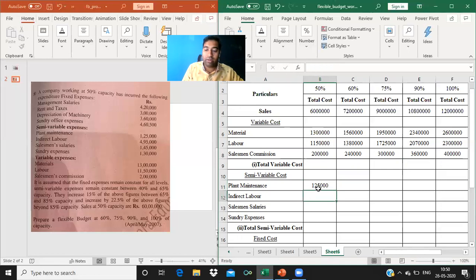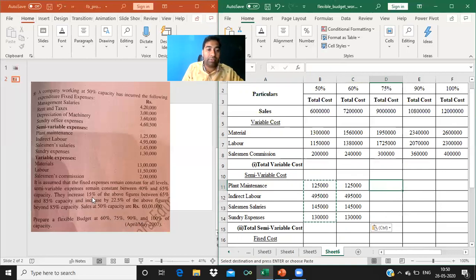Indirect labor 4,95,000 is also going to remain the same, and salesman's salary 1,45,000, sundry expenses 1,30,000. As per the instructions, up to 65% of the capacity, the expenses will remain constant. So I am just writing the same expenses. Let us continue and read the instructions given.